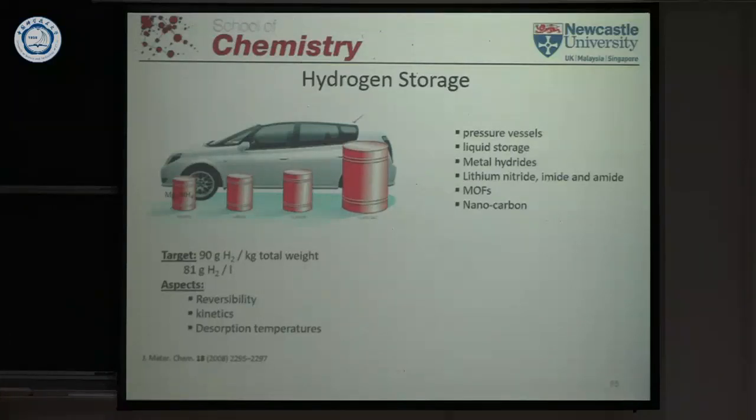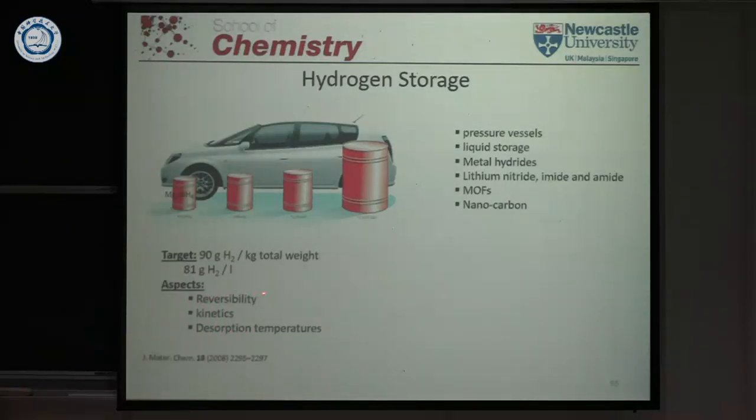Now DOE, Department of Energy of the United States, has set up some targets for how much hydrogen you would need to have available, and part of that target is to say that I have to store about 90 grams of hydrogen per kilogram of total weight of my storage device, or 80 grams of hydrogen per liter.